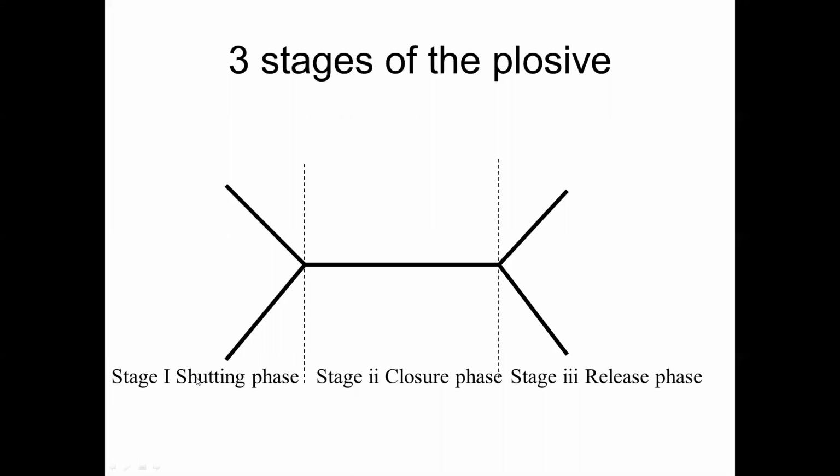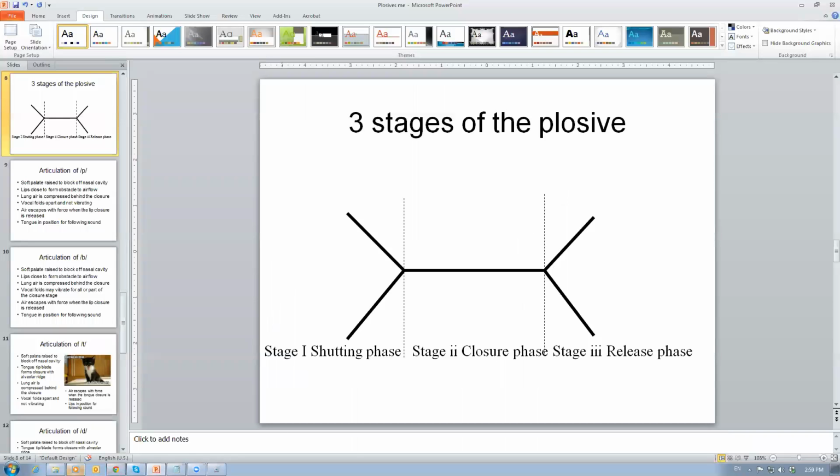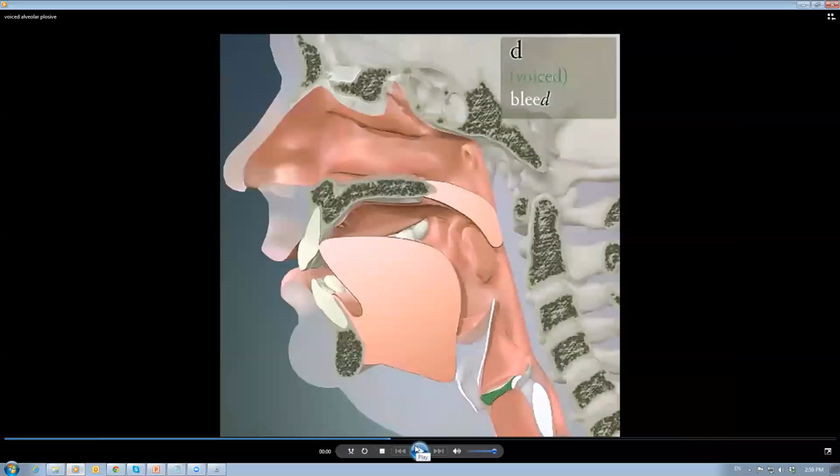Or we can also think of our lips, as in pa and ba. The lips have to come together, and then for a certain period of time, that closure is held, and then we have to release that closure. We're not going to cut off the airflow forever, because then we couldn't breathe and we'd die. All right, so if I keep this going, right now I'm in the closure phase of the stop. If I hit play again, we'll see the release.